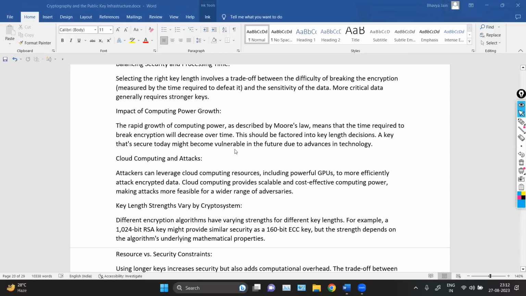Impact of computing power growth. The rapid growth of computing power, as described by Moore's law, means that the time required to break encryption will decrease over time. Time will rapidly decrease when there's a rise in computational power.